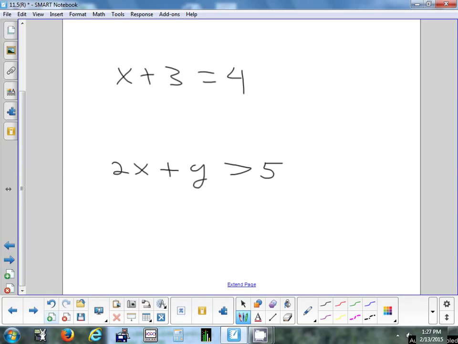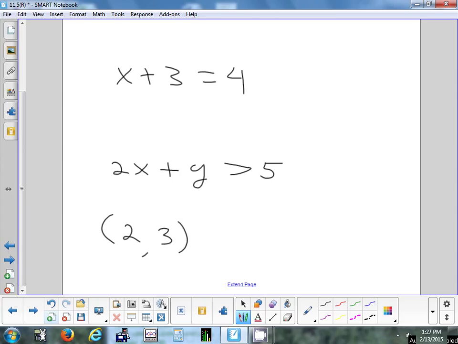With a linear inequality, you don't just plug in something for x, you plug in something for x and you plug in something for y. Does anyone remember what we call that? When you have something for x and something for y, and you have the parentheses with a comma between them? It's a coordinate. So what makes this true is a coordinate. Let me show you one that would make this true.